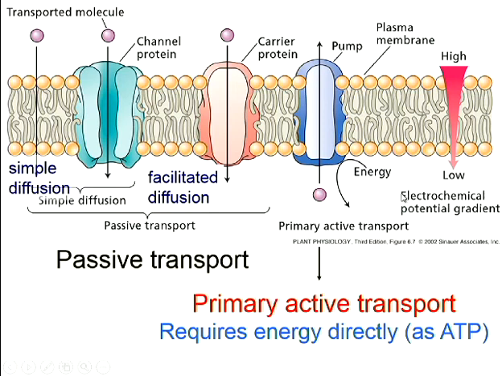So now active, you see here a pump. It pumps something up the concentration gradient, which is shown here by means of this purple kind of triangular arrow. This represents the gradient. So our solute here goes against the gradient. And it says here electrochemical potential gradient. I'll come to that in a little bit.